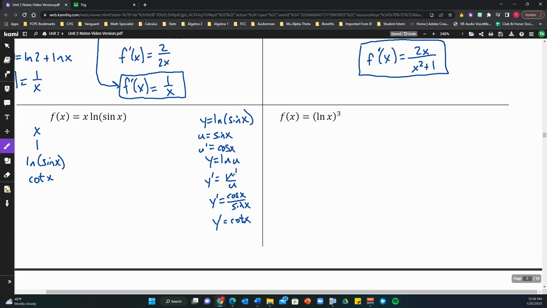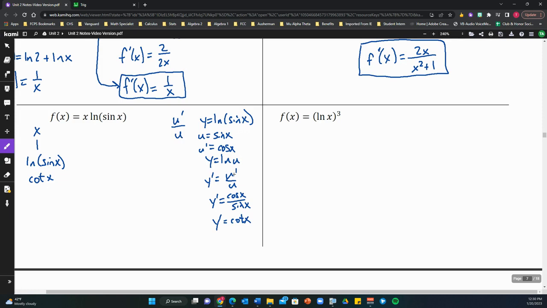Now, as we build towards that process of being efficient, again, this rule is one of those that's really easy to pick up on. Because of that, a lot of times you guys are going to be able to look at this and easily identify what my u is. So if it's just a matter of doing some scratch work off to the side, we know that this derivative is going to yield our u prime over u.